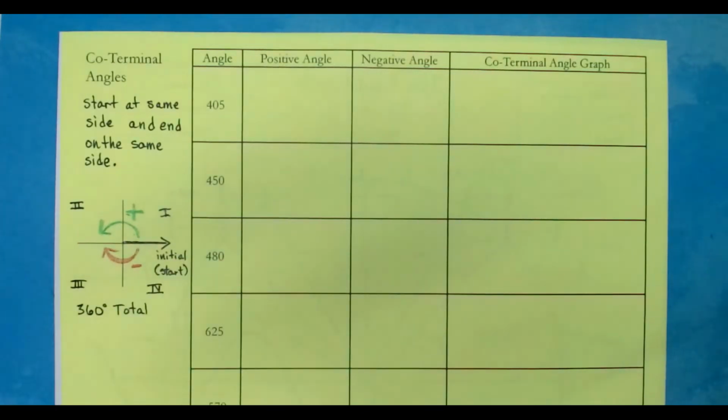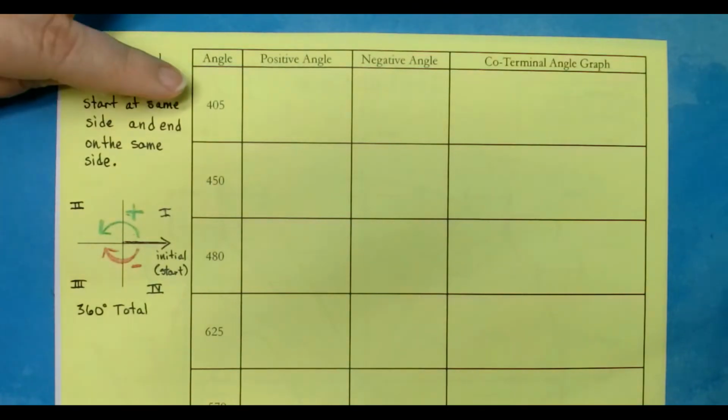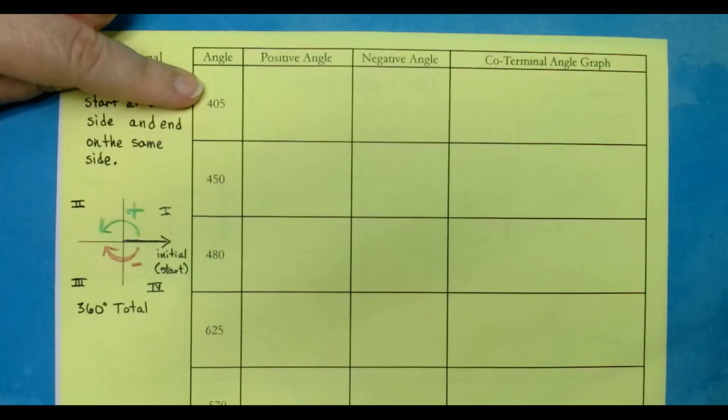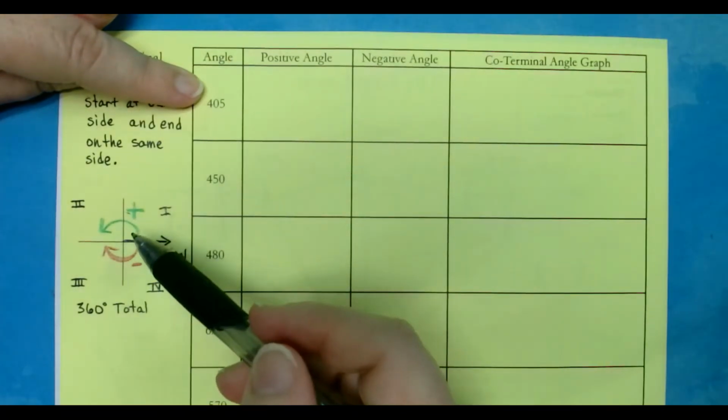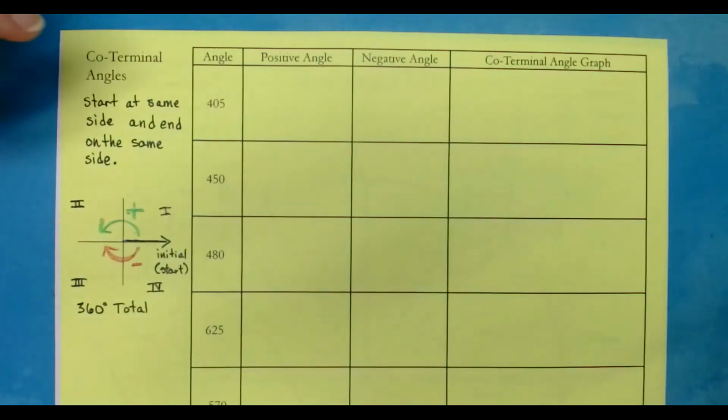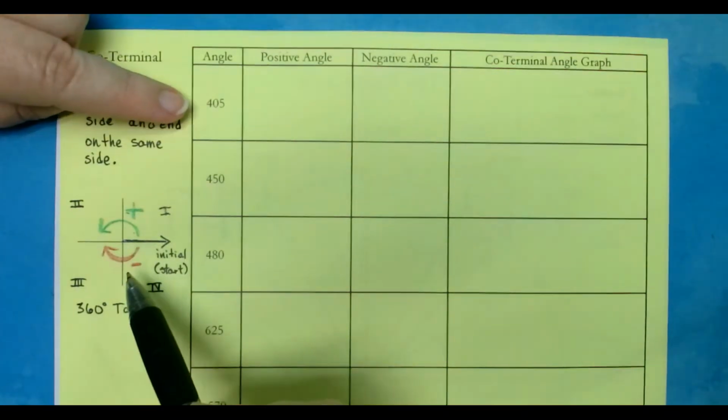All right, so let's see if we can figure out for each one of these angles what the positive coterminal angle is, meaning if I rotate counterclockwise, or my negative coterminal angle.